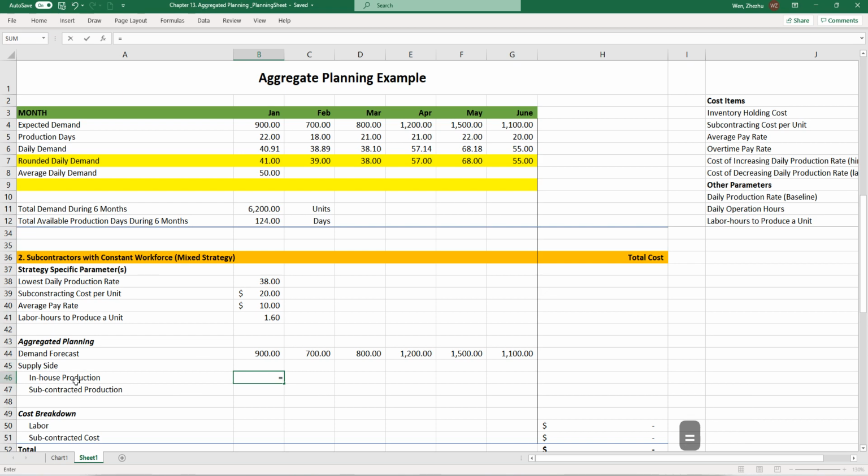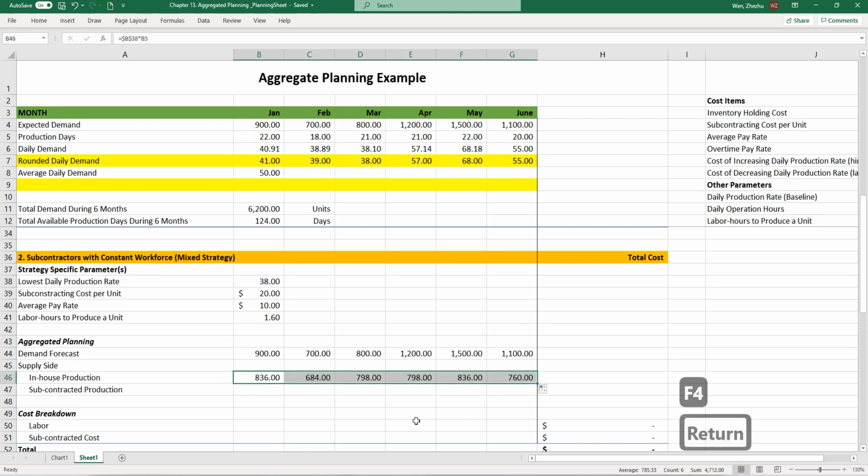And supply side, so in-house production. This is the case where we do not rely on the contractors. It's basically going to be 38 multiplied by the number of available days. And I'm going to absolute reference this part. Okay, and drag it to fill.